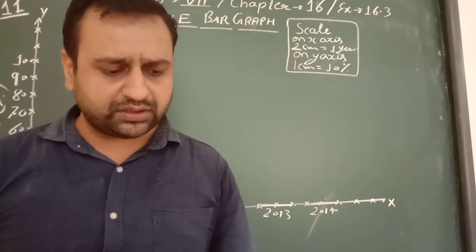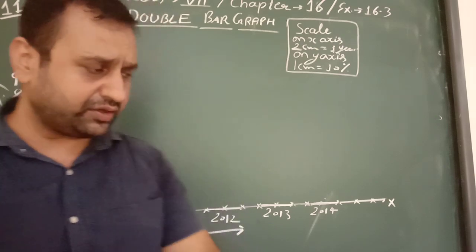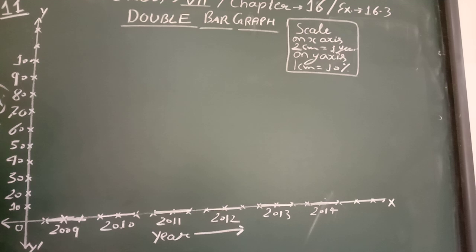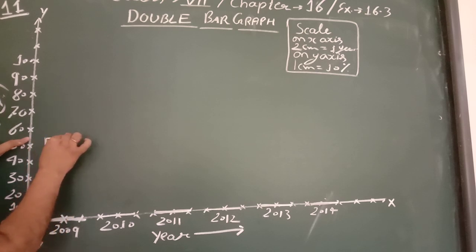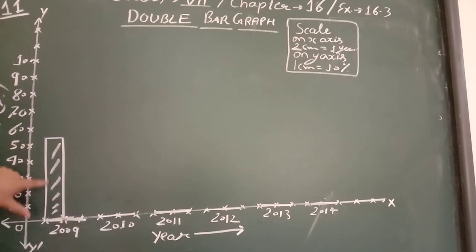For 2009, the pre-board examination result is 55%. 55 is between 50 and 60, so we draw a rectangle up to 55 and shade it.